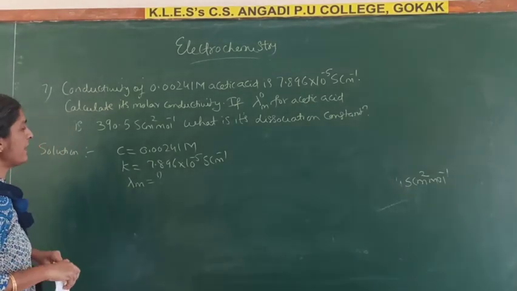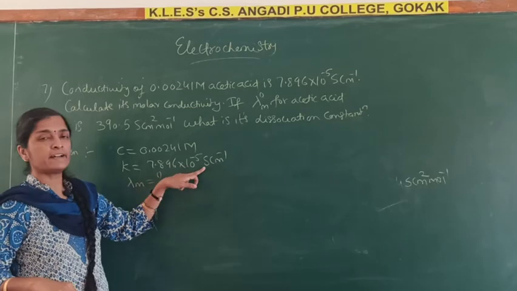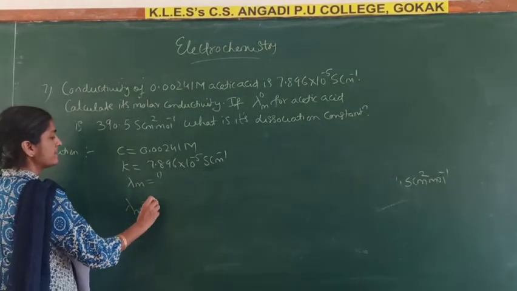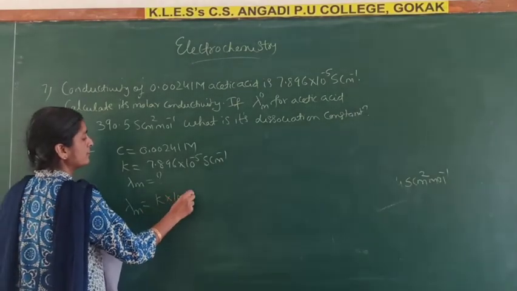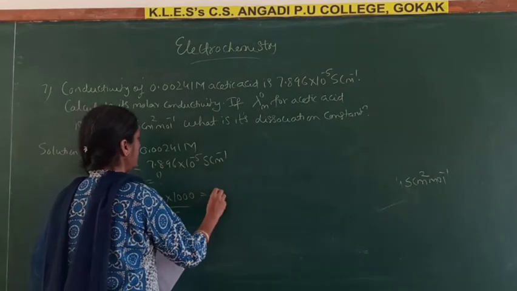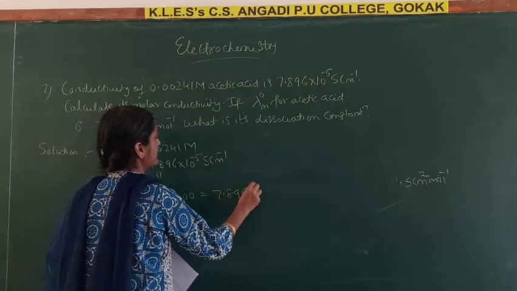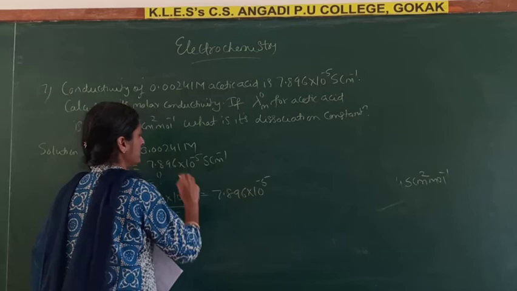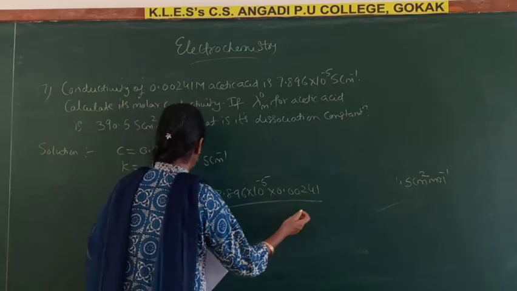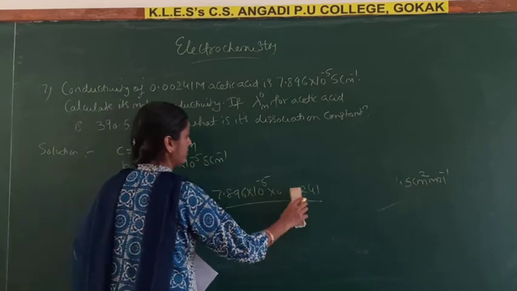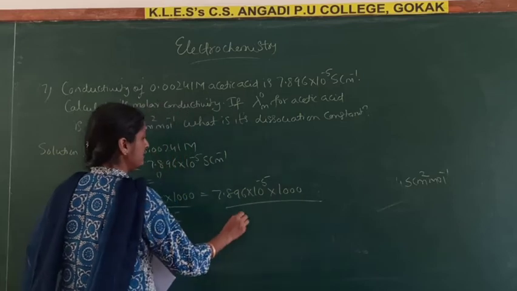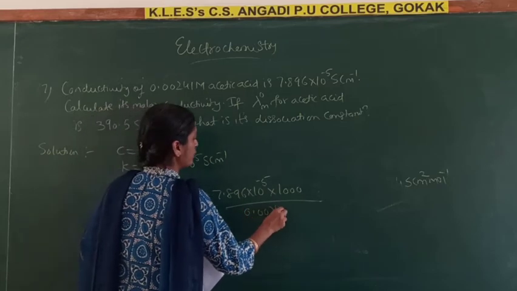Okay, so lambda m. I told you when you are given the conductivity in Siemens per centimeter, what is the formula you are going to use? Lambda m is equal to kappa into 1000 divided by C. So substitute the values. Kappa is how much? 7.896 into 10 raised to minus 5 into 1000 divided by 0.00241.